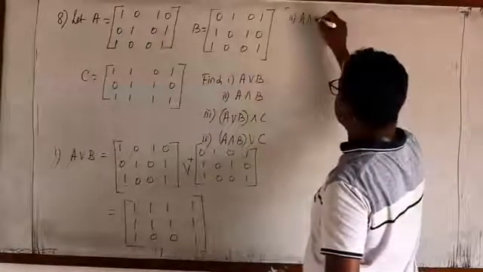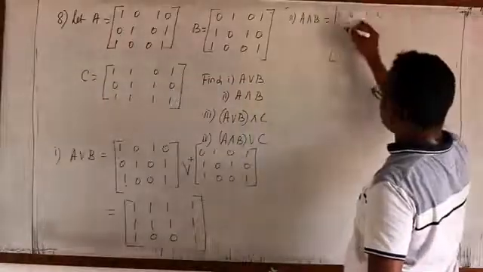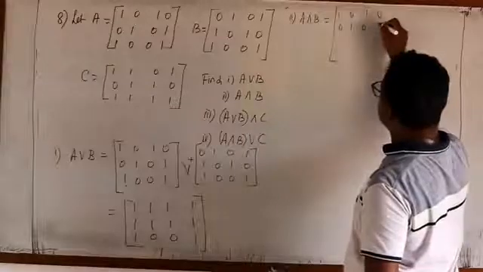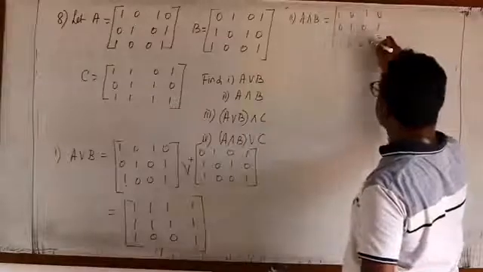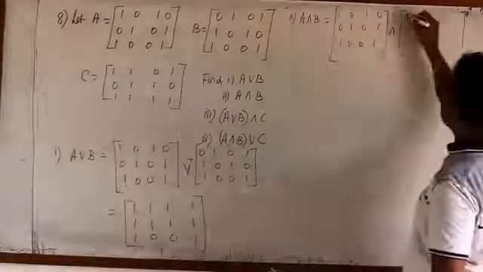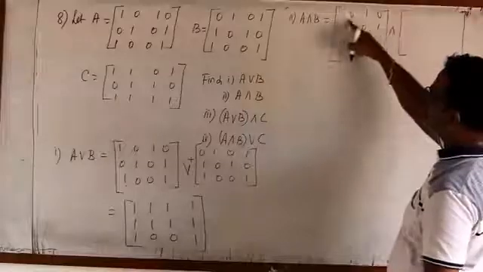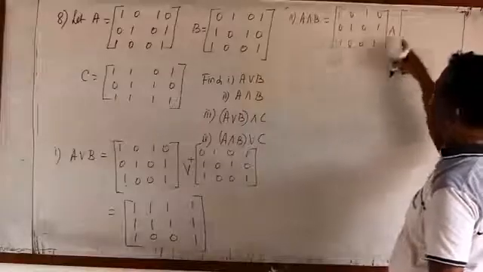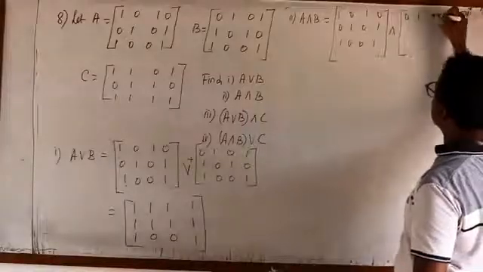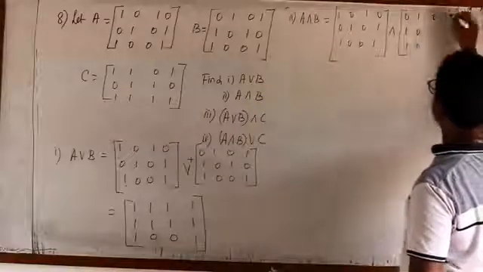A conjunction B. That is, A is 1 0 1 0 0 1 0 1 1 0 0 1 and B is 0 1 0 1 1 0 1 0 1 0 0 1.